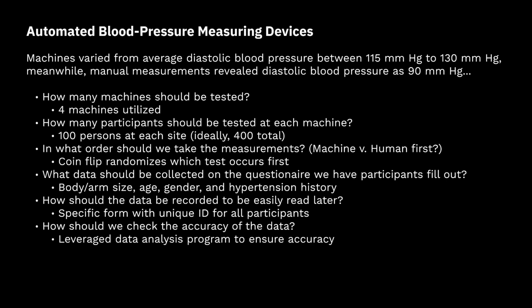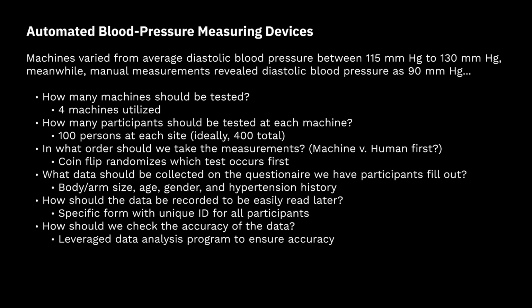What data should be collected on the questionnaire? So they want to have participants fill out a questionnaire. We want to check maybe their arm size could change the differences in the machine measurement or something like that, if they're putting an arm cuff on. Things like age, gender, and hypertension history need to be thought about. You can't collect everything about every single participant, but what are the most important things that we can have them put on their questionnaire?